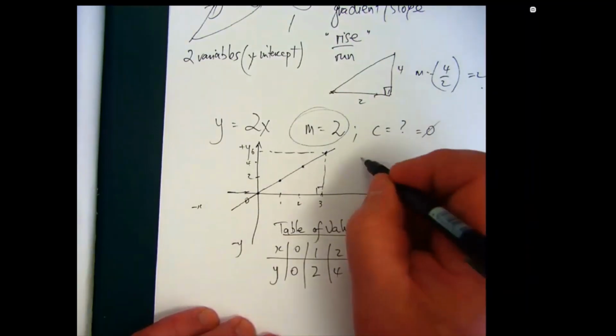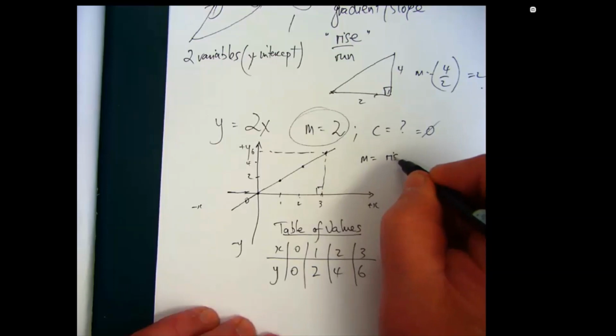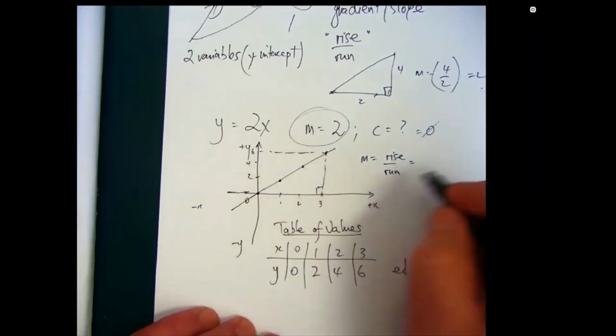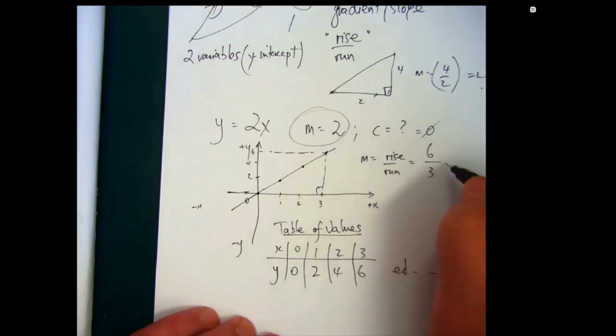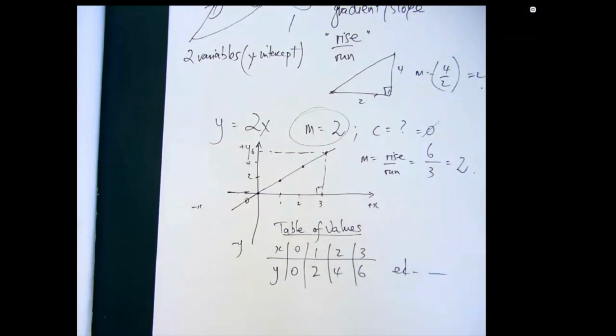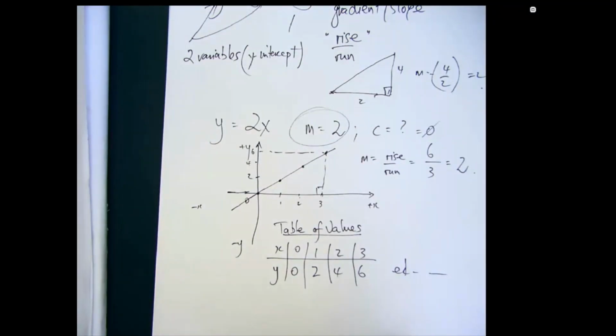So m equals rise over run. This is the gradient. I've gone along 3 units, but I've risen 6, which equals 2. And that fits with what I was given. That is all really basic information.